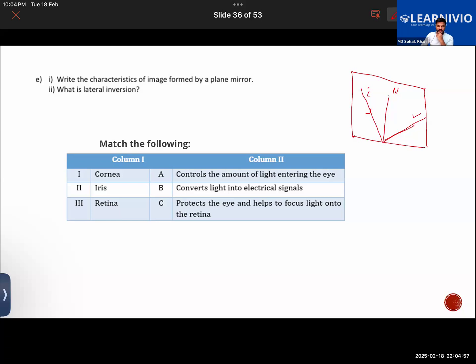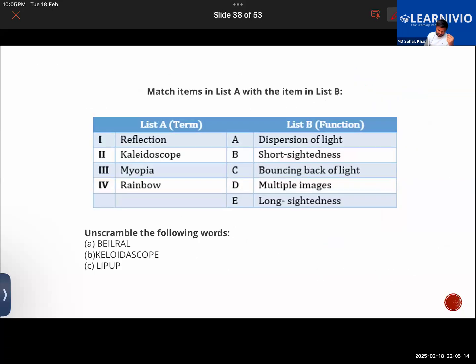Good. Next. Iris controls the amount of light entering the eye. Retina converts light into electrical signals. Good. Answer this question, and then we'll be getting back to the PDF which I have shared here.